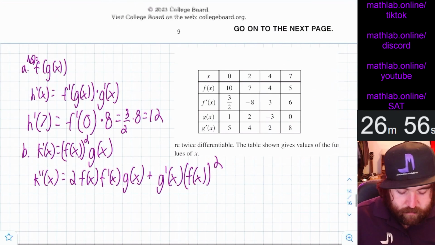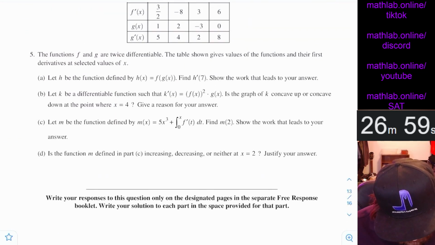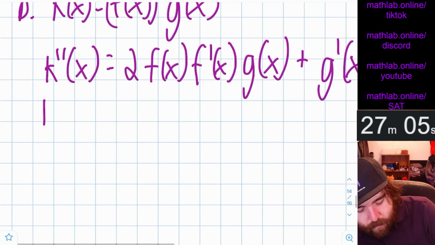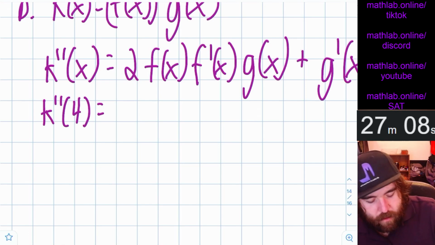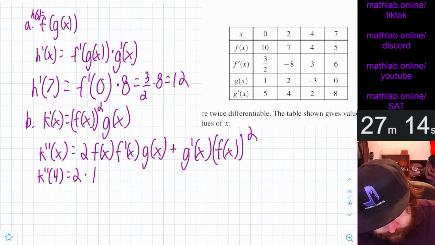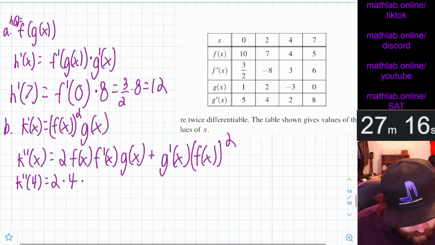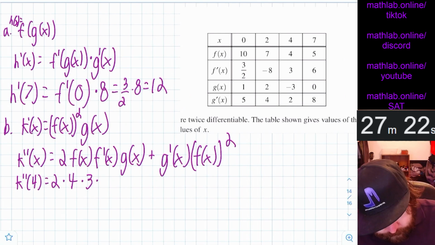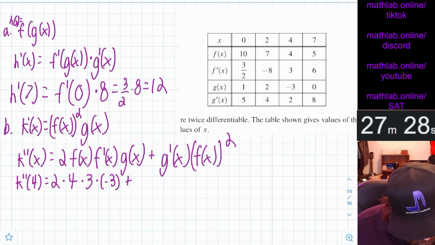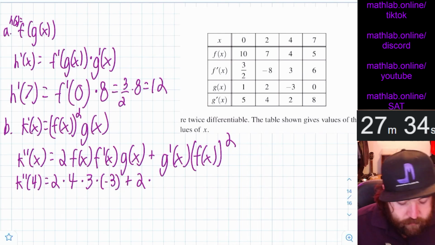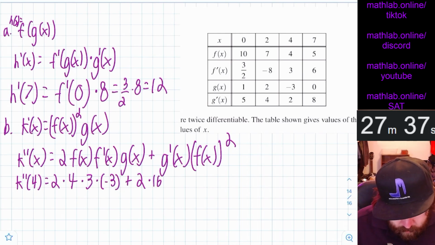Alright, now we've got to find k double prime of 4, because we want to know if it's concave up or concave down. So k double prime of 4 is 2 times f of 4, which is 4, times f prime of 4, which is 3, times g of 4, which is negative 3, plus g prime of 4, which is 2, times f of 4 squared, which is 16.